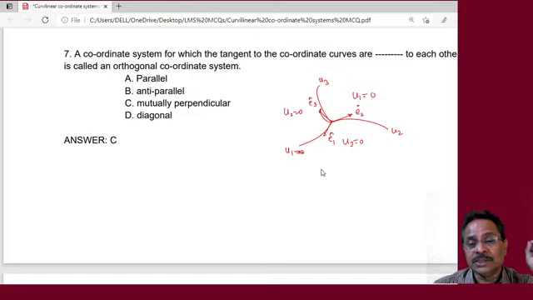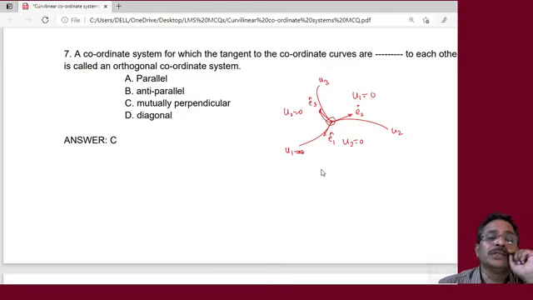All these tangents at one point will be found to be perpendicular to each other. Whenever, for any curvilinear coordinate system, the tangents drawn to the curved surfaces or curvilinear axes are found to be mutually perpendicular, then such a system is called an orthogonal curvilinear coordinate system.